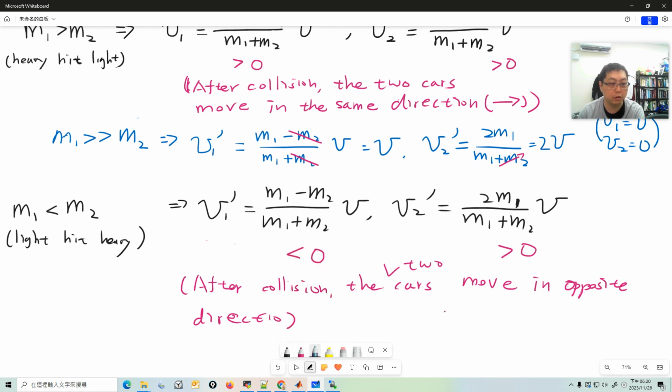After the collision, V1 prime is smaller than 0, so it's moving in this way, and V2 prime is moving in this way. So the directions are opposite.